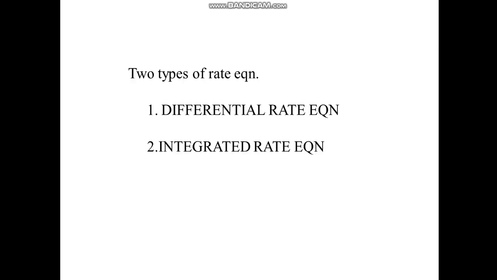Now the rate equation. There are two different types of rate equation: one is the differential rate equation and the second is the integrated rate equation.